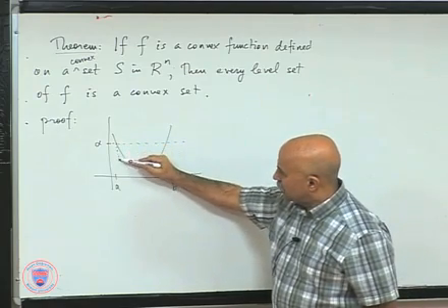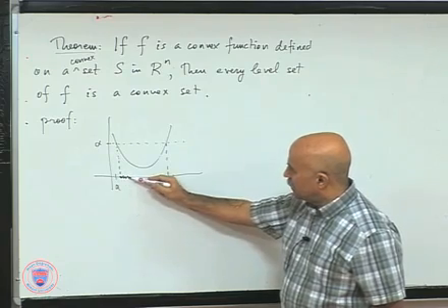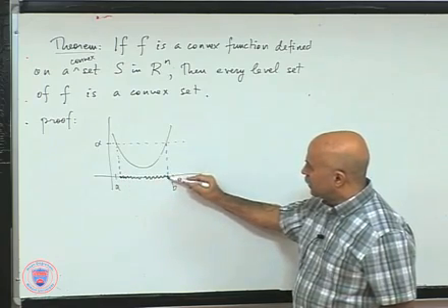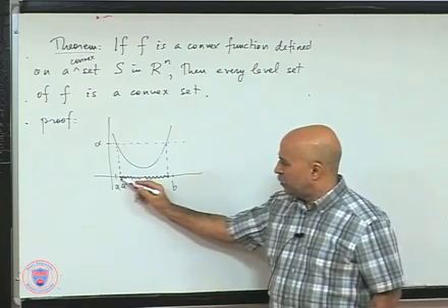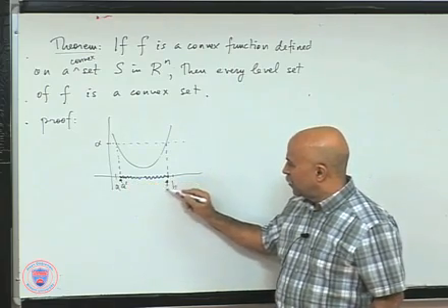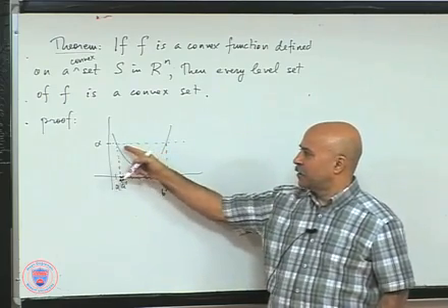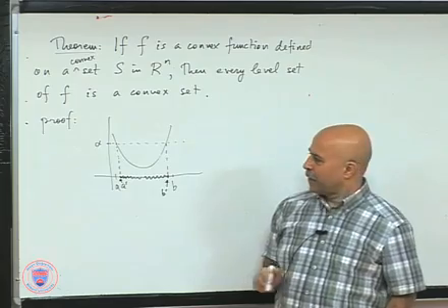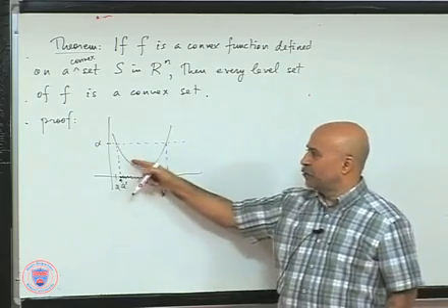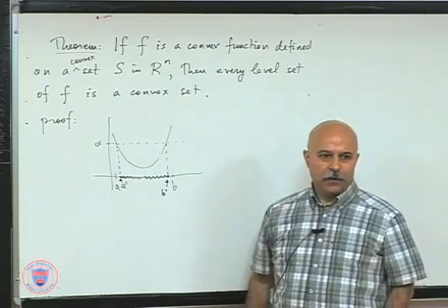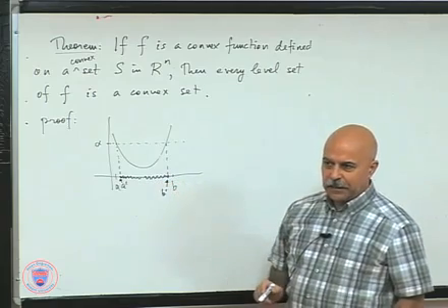Well, you can see that the level set corresponding to that particular alpha is the entire interval that I marked here between A prime, which is this point, and B prime, which is that point. So A prime B prime is the level set of this function corresponding to that particular alpha, because it includes all the points in the domain whose function value is less than or equal to alpha. Okay? All right, so you can see that it is convex indeed.